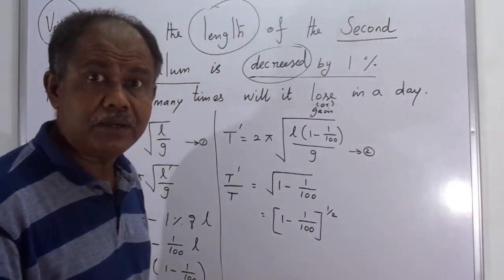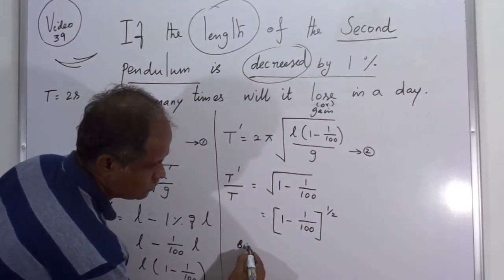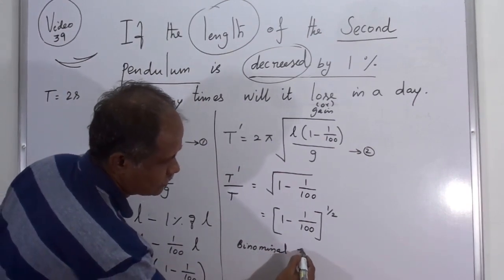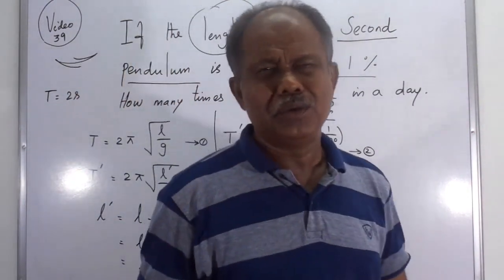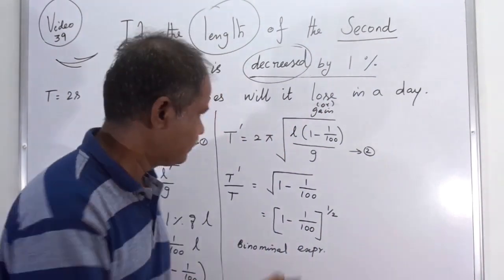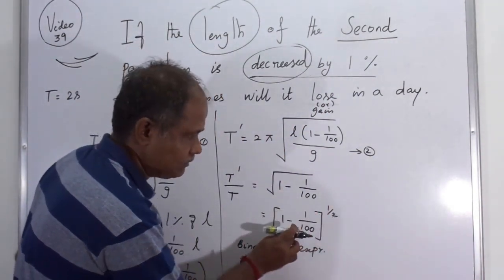By using the binomial expression. No need to study the binomial expression deeply. Only thing is you multiply the power with the second term.